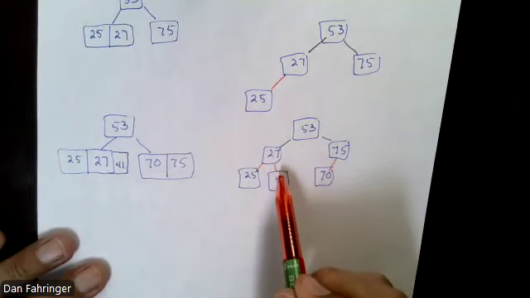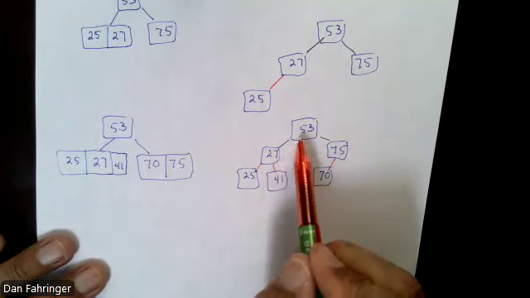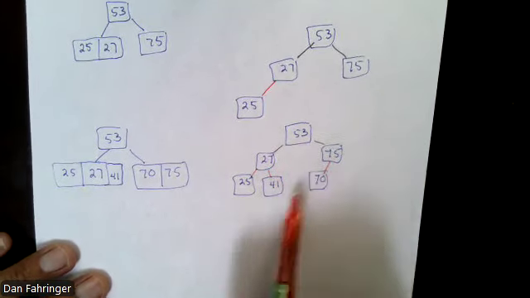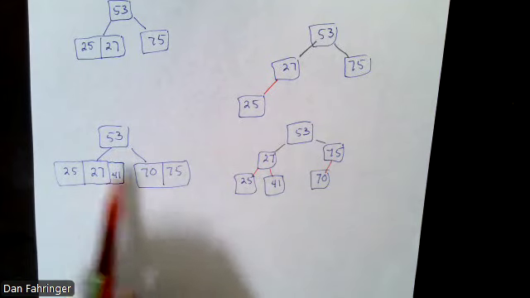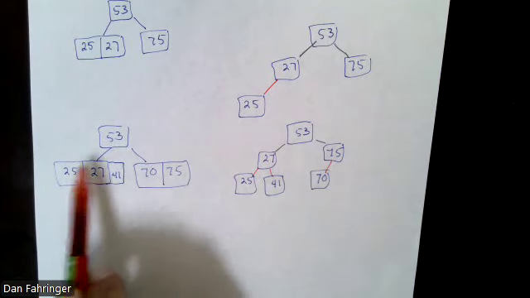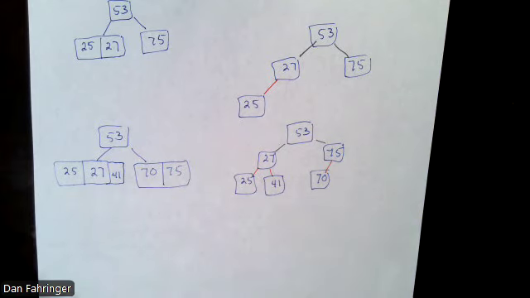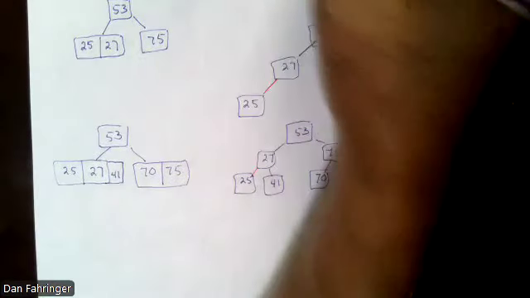Do you notice I added a red? Remember, we can't have two reds in a row because if we had two reds in a row, we'd have to switch and do the blacks. That's when the blow up occurs. So when I'm blowing up here, it would be the same as having reds in a row over here. So we just added 41.